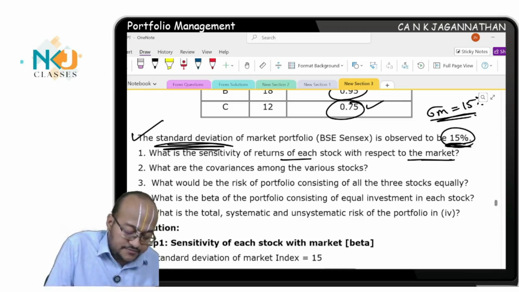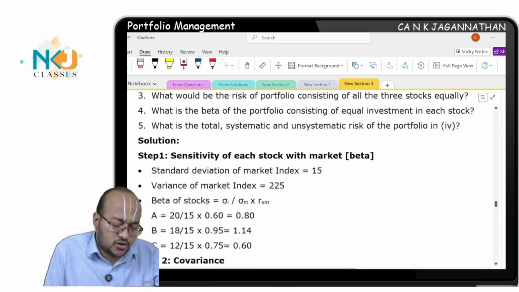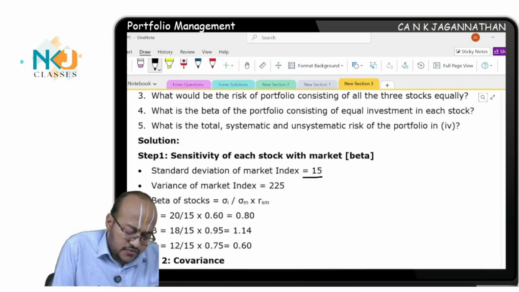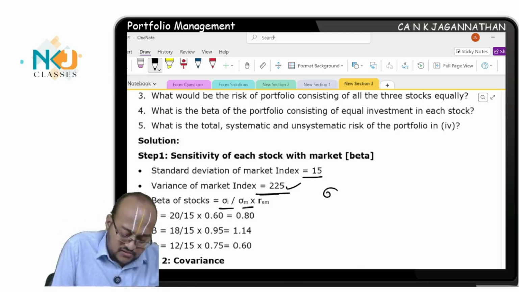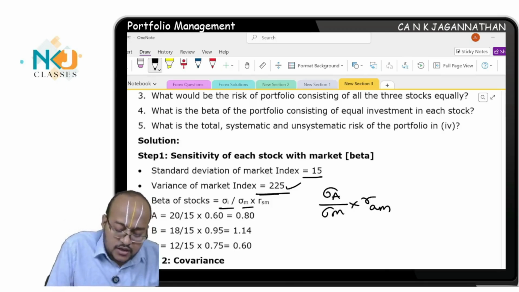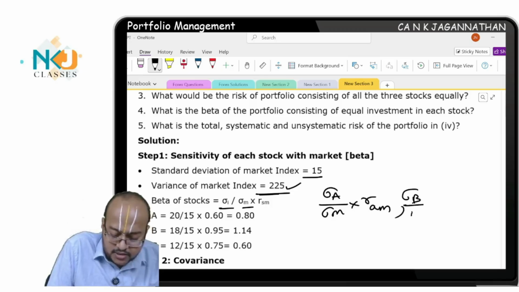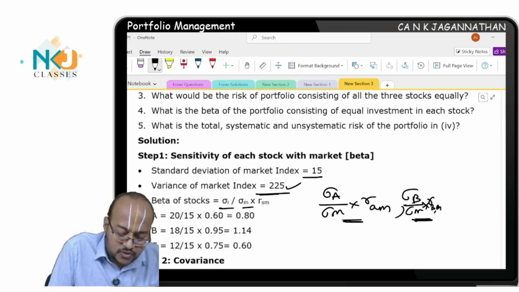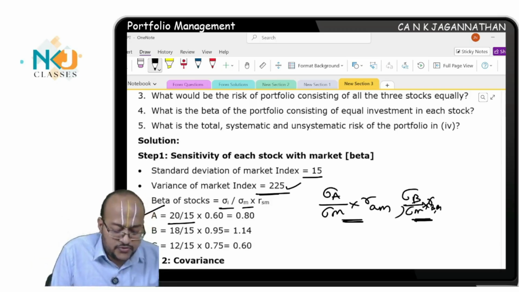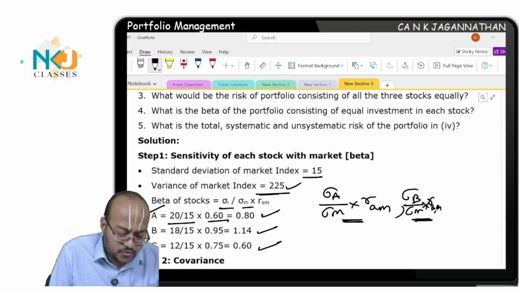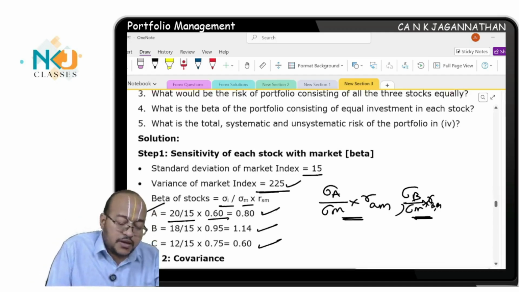Here they have used this formula: sigma A by sigma M into correlation of A and M, and sigma B by sigma M into correlation of B and M. Like this, we need to find out the beta for these three securities. This is what they have done here. 20 by 15 into 0.6, you get 0.8, 1.14, 0.6. Are you all understanding? First part, beta computation over.